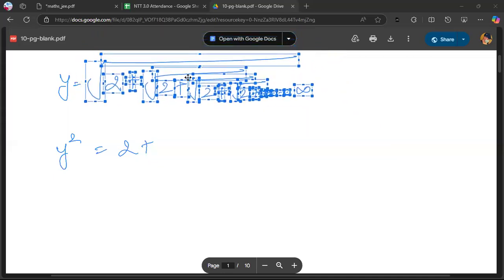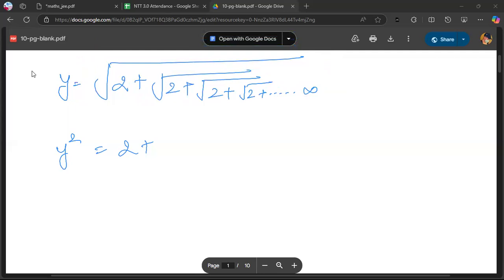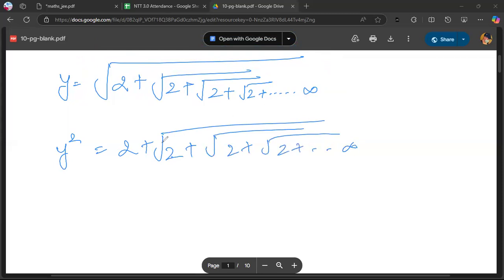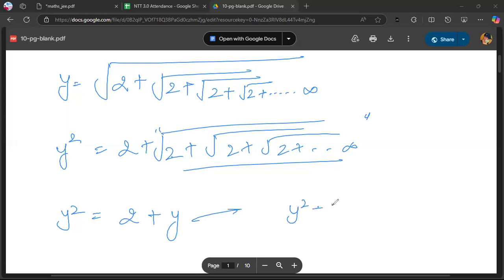Copy paste doesn't work here. So simply my point is that whatever, the square root is gone here. Now whatever is remaining, if we observe this term, this is particularly y, right? This is y. Yes, sir. So now this is a quadratic equation.